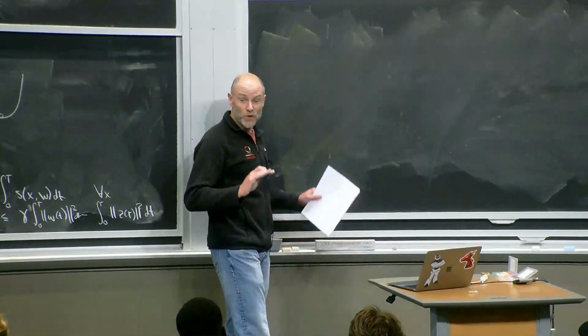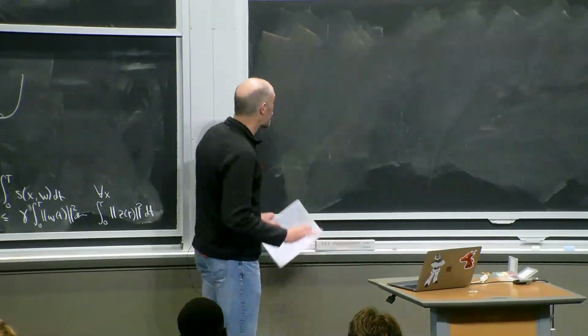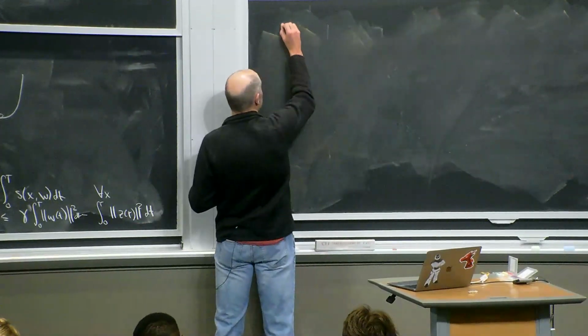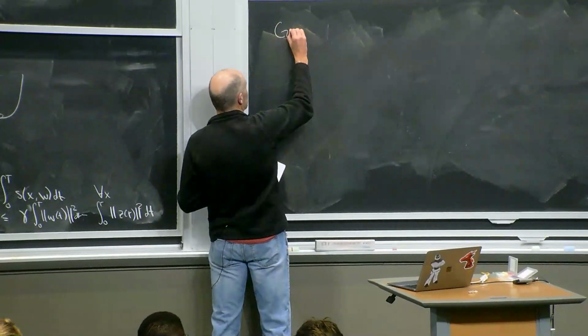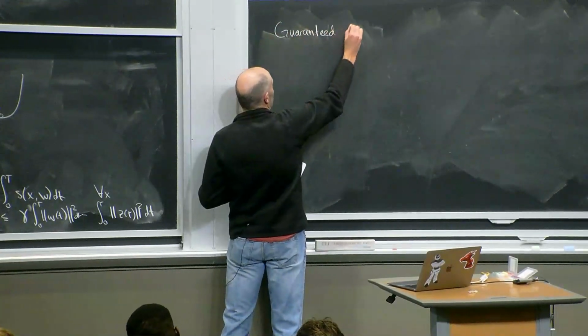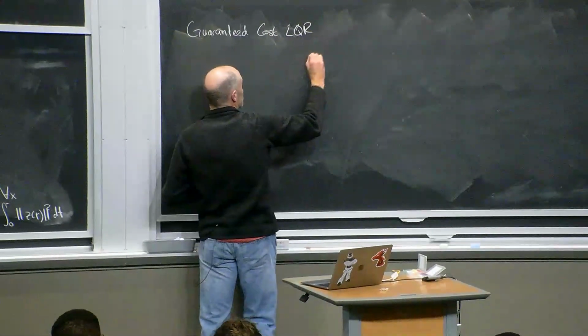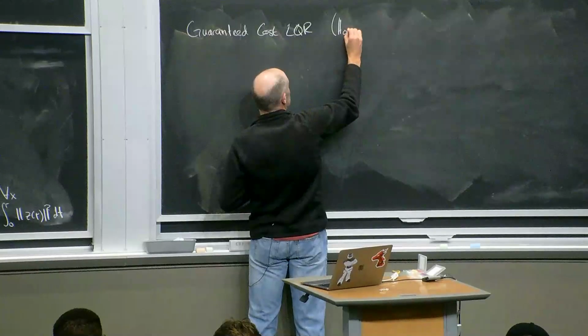I'm going to write something that looks just like LQR, but it's actually going to do H infinity. Okay, it's just a little bit different, and I think sort of nice. If you didn't know better, you'd call it maybe guaranteed cost LQR, but it's going to be a form of H infinity.